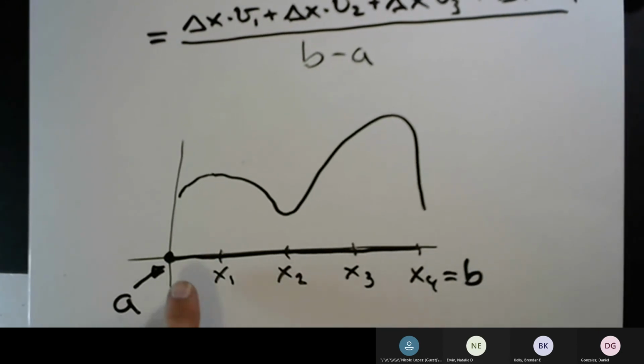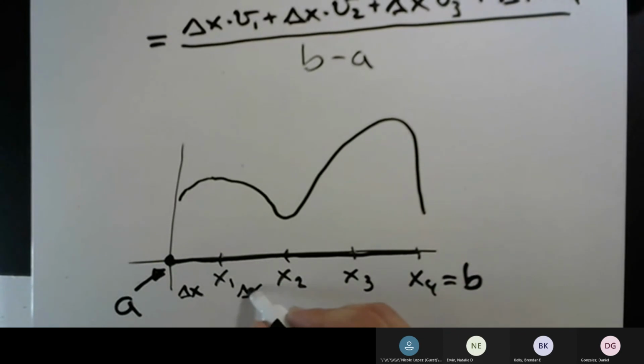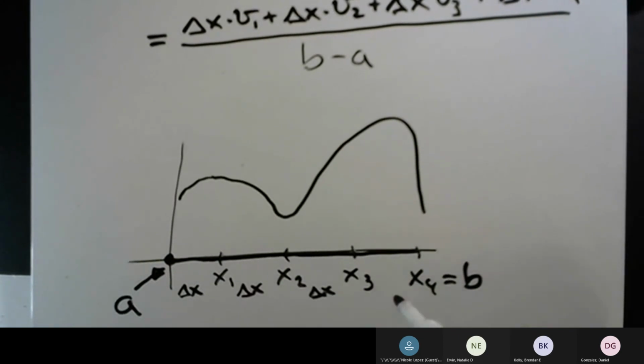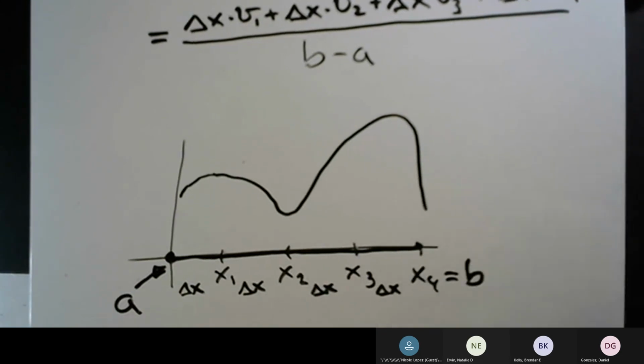And that length is, this is a delta x in here. If you look on your graph in your notes, 1, 2, 3, 4 delta x's. So 4 times delta x is the length of this interval. The length of this interval is b minus a.